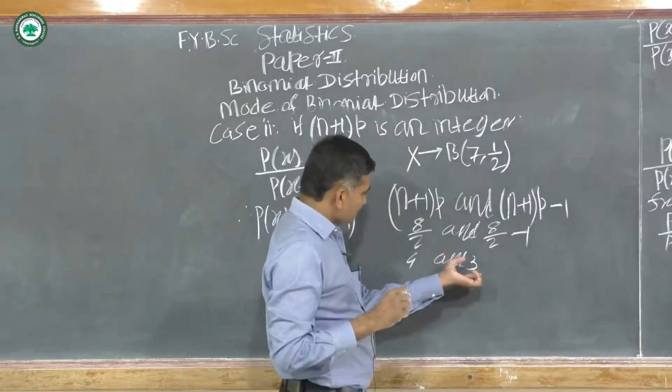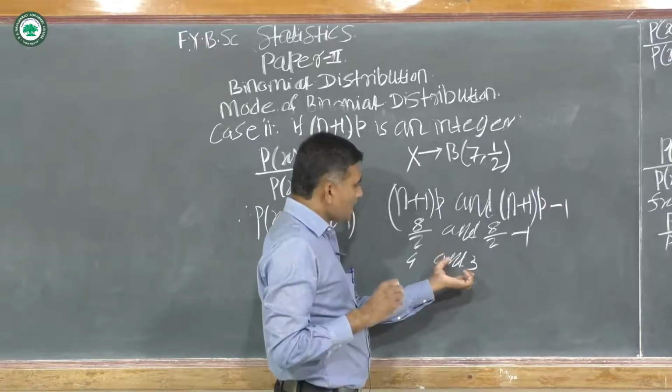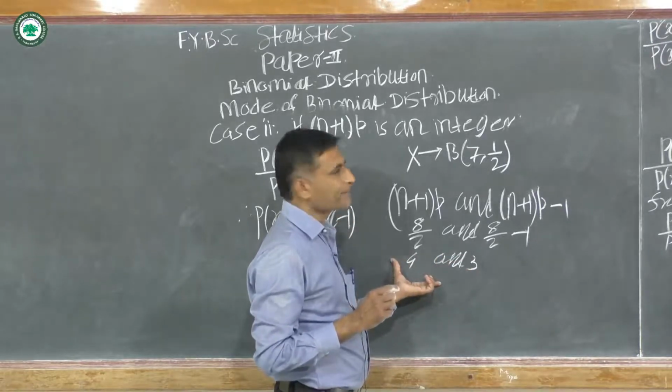In this case 3 and 4 are both the modal values.